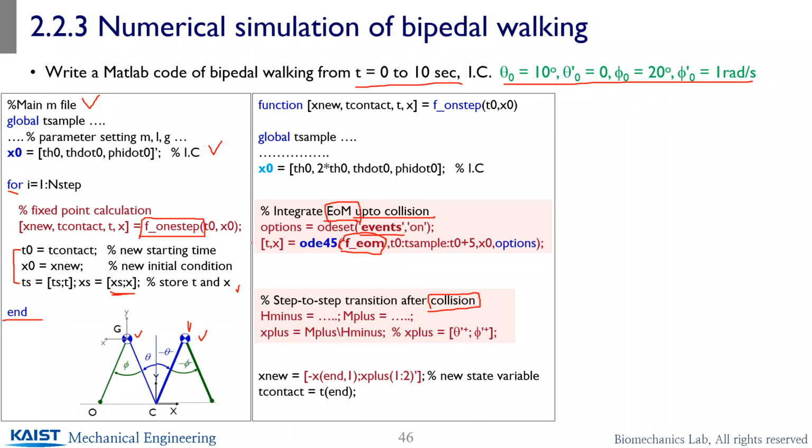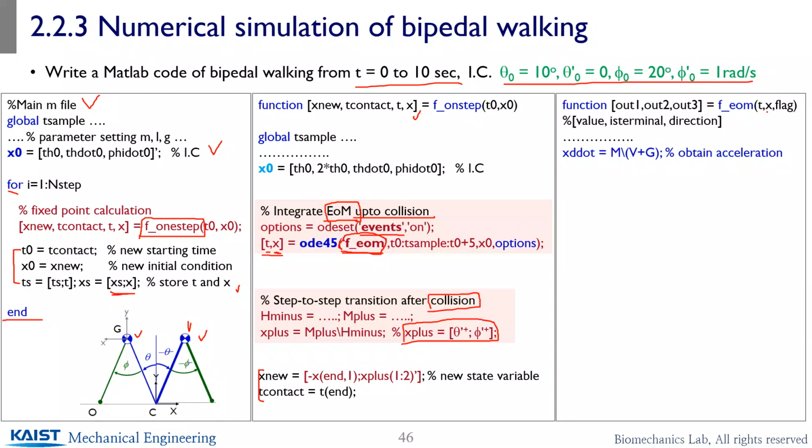Once you have an event, that means collision occurs, and your final value for the time and the state variable x indicates the before-collision parameters. So using the relationship we just worked on in the previous video, you can calculate the after-collision state variable. And by doing that calculation, you can return the new parameters at the Poincare section to your main function. Okay.